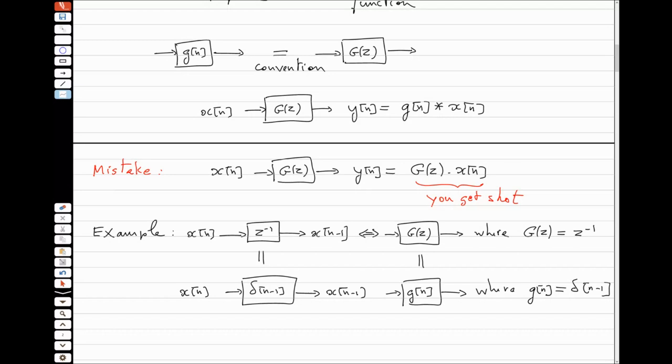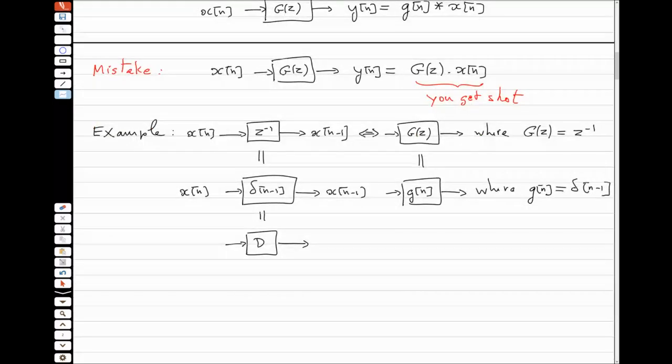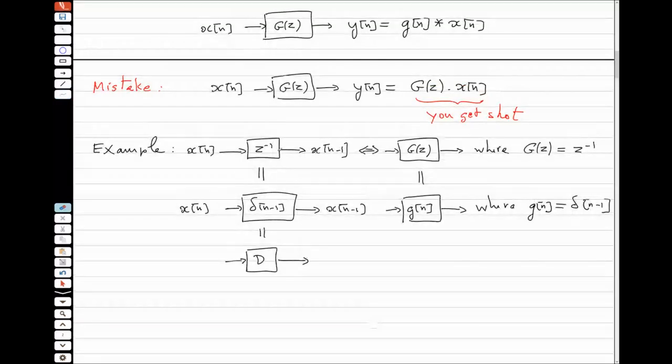And then yes, we get back to Shahana's answer. This is the same thing as a delay element. All right, so this notation is actually used in every book.